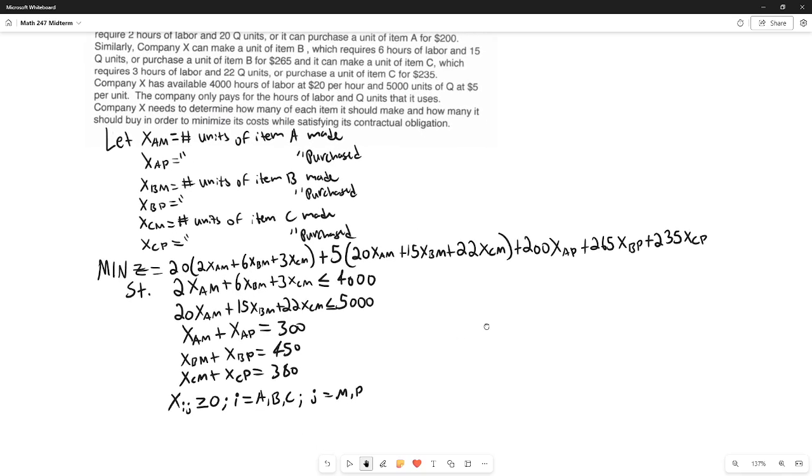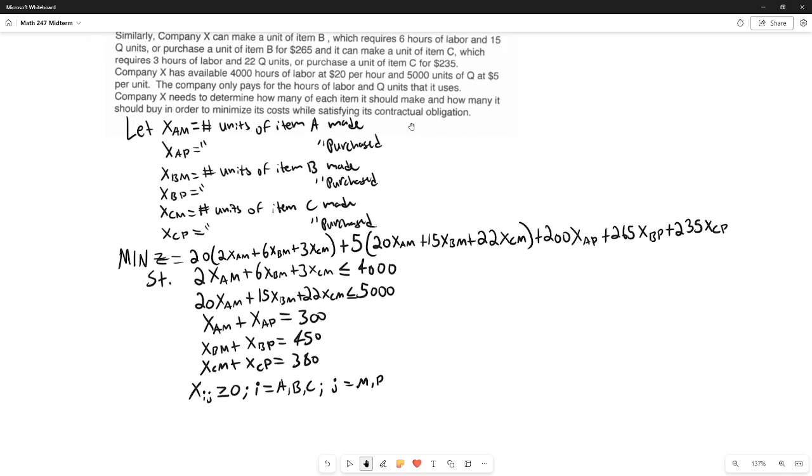Now let's say you wanted to use the unknowns instead of calculating this math. Then you could have said H is equal to the number of hours used and Q is equal to the number of Q units used. In that case, it would have been 20H plus 5Q plus 200 XAP plus 265 XBP plus 235 XCP.